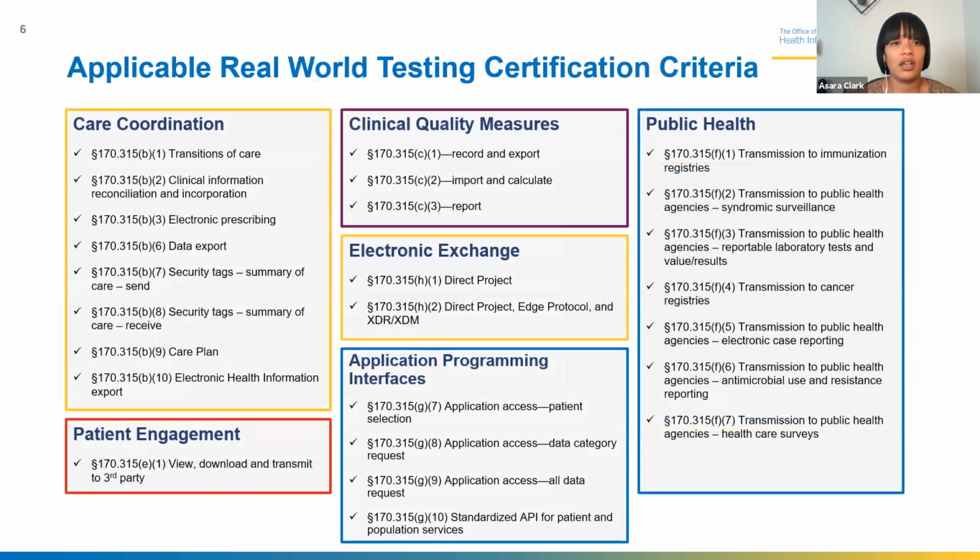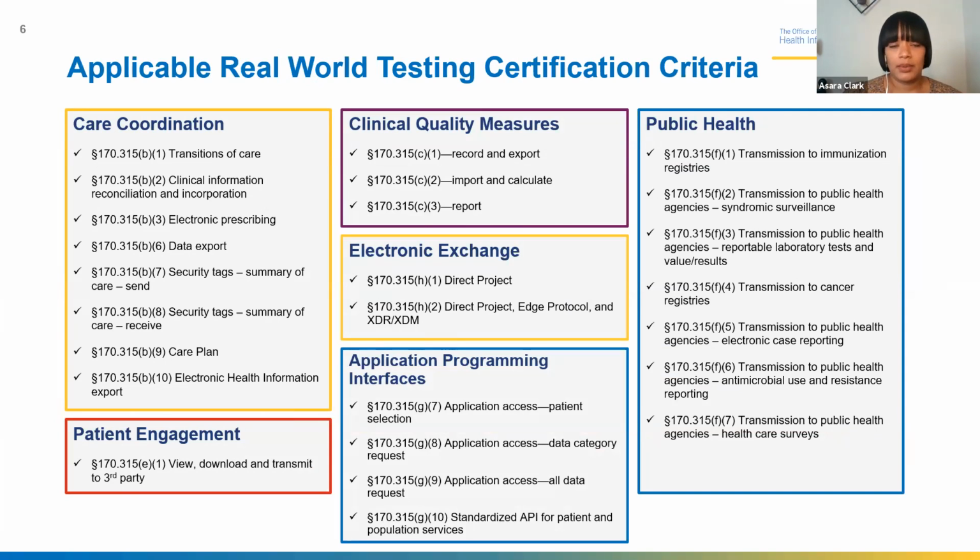All right. Now, here are the applicable real-world testing certification criteria. I am not going to dig into every single one of them, but as I mentioned earlier, they are all related to interoperability and data exchange functionality. So you're going to have the care coordination B criteria included here, patient safety E criteria, clinical quality measures C criteria, electronic exchange H criteria, APIs covered in the G criteria, and public health criteria, which are in the F criteria.